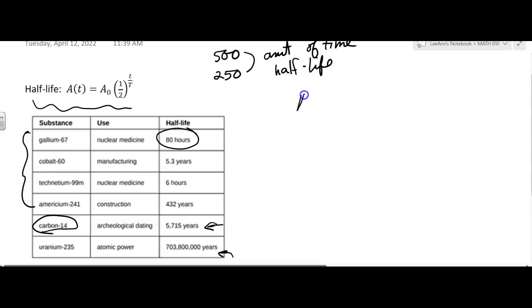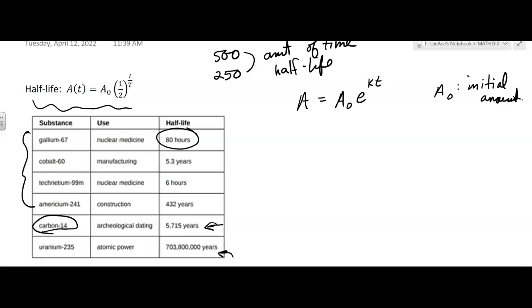Okay, now back to our formula. We have a model that says A equals A naught e to the kt. We've had that model before, and we said A naught is the initial amount, how much you start with. But I want to go back and show how you figure out this equation.